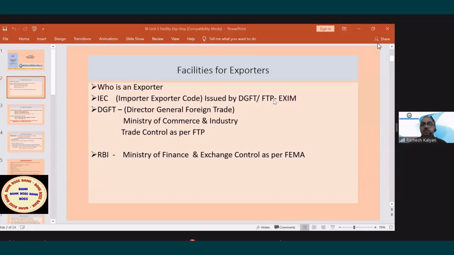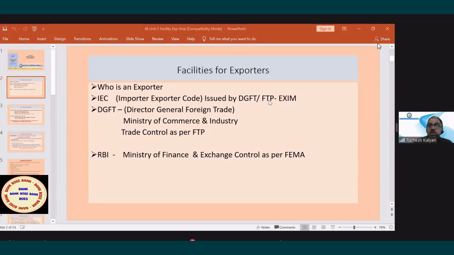It was not possible because of COVID and other things. So the earlier policy of 2015-20 is extended. As of now, the same policy, what was hitherto 2015-20, is extended till March 2023. In 2023, we will see if the government may frame a new policy. I have told you this just for academic interest.